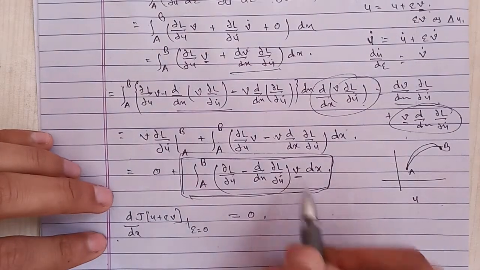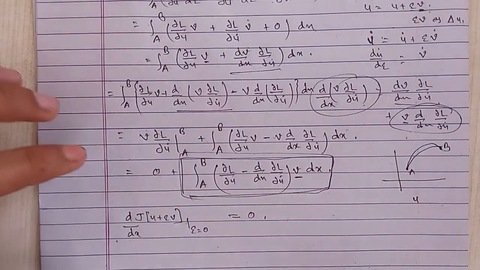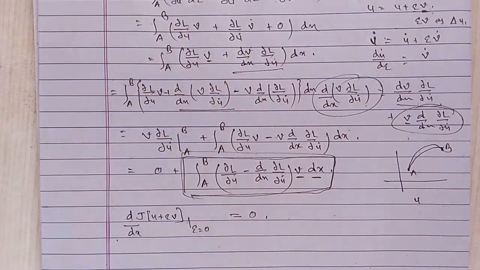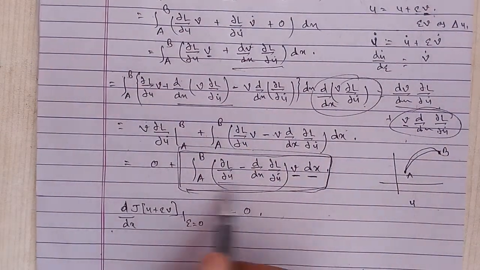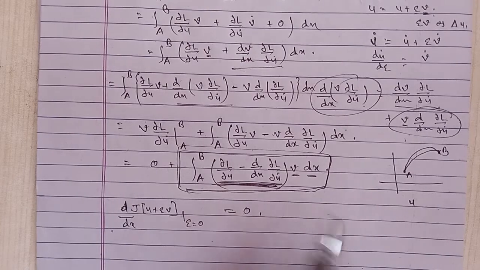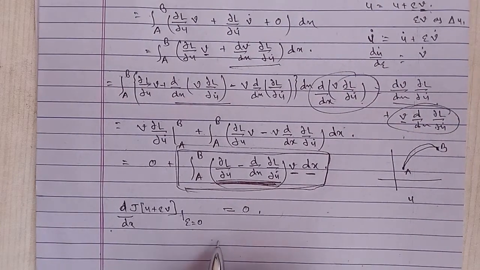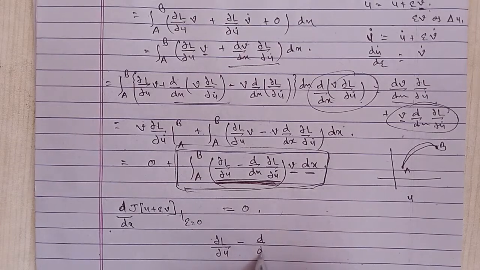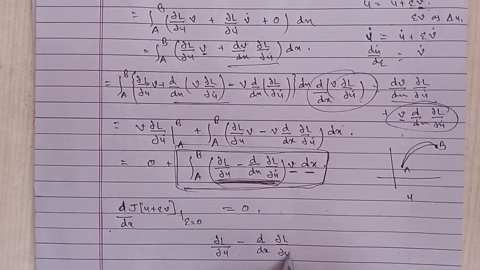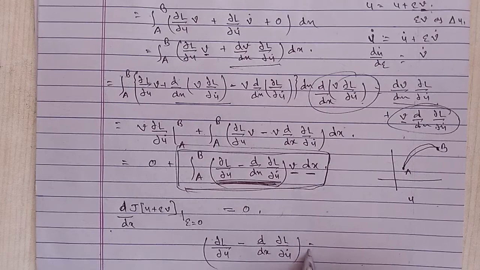Here v is an arbitrary function and dx is just a small change in length. So for this derivative to be 0, this term as a whole should be 0. So dL by du minus d by dx of dL by du dot equals 0.